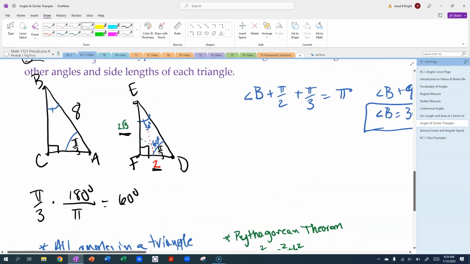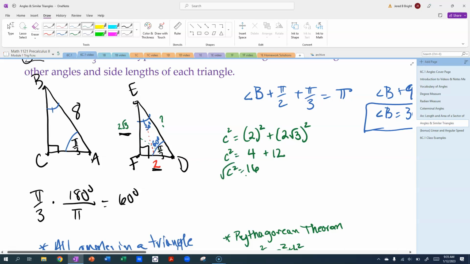I don't know what the hypotenuse is, so I'm going to call that c in this case. Technically it would be lowercase f. So c squared is equal to 2 squared, which is one leg, plus 2 square root of 3 squared. If I do the arithmetic here, this would be 4 plus 4 times 3, also known as 12. So c squared is equal to 16.